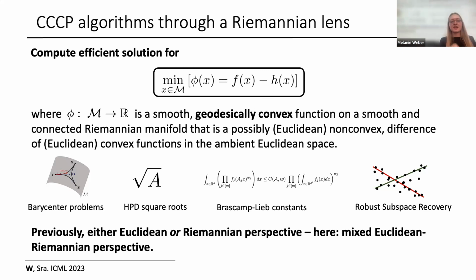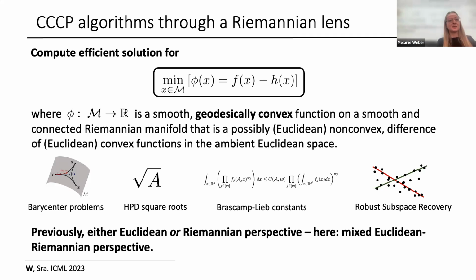The perspective that we're taking here is that we're looking at a purely Euclidean algorithm. So we stay with the popular CCCP approach, but we will bring in the Riemannian perspective to understand the properties and the convergence behavior of the algorithm. So in a sense, we're taking a sort of mixed Euclidean Riemannian perspective.